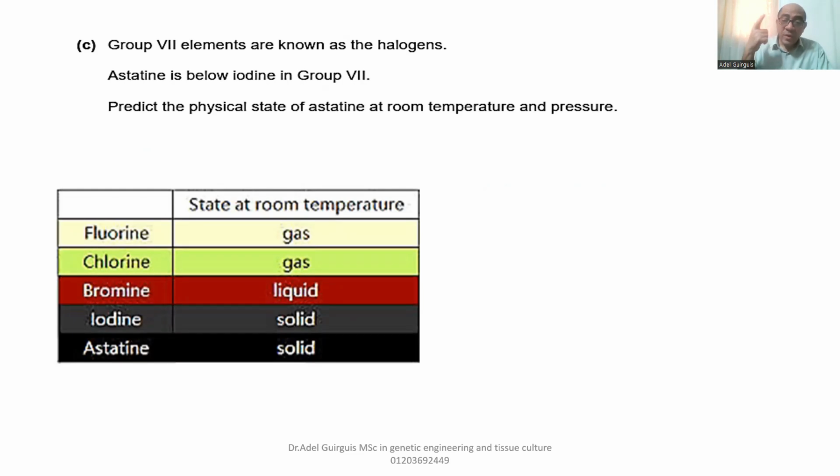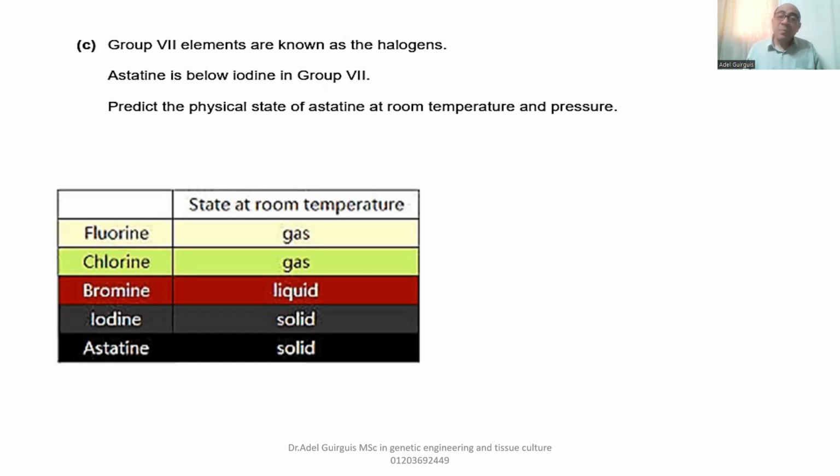Fluorine is gas, chlorine also gas. Bromine, liquid. As you know, from all the periodic table, 118 elements till now, only 2 elements are liquid at room temperature. One non-metal from group 7, bromine.